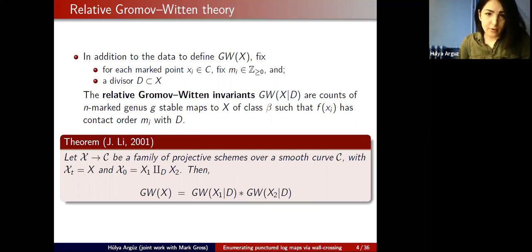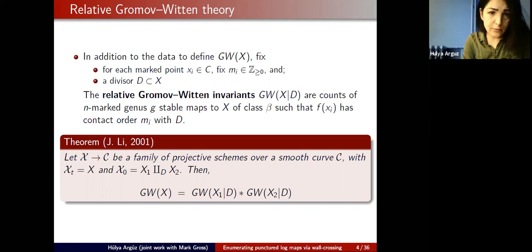The theorem of Jun Li in 2001, which is also worked out in the symplectic setup by different people, Ruan and Ionel-Parker, who worked also on relative Gromov-Witten invariants in the symplectic setup.